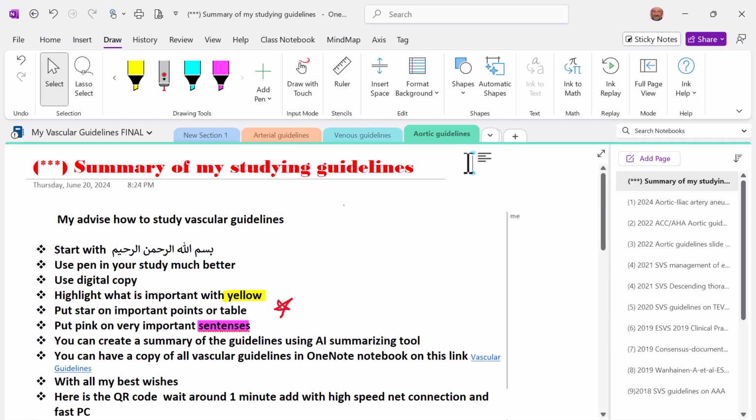I usually put them in sequence of date, so the more recent will be above, and as you go down, it will be much older.